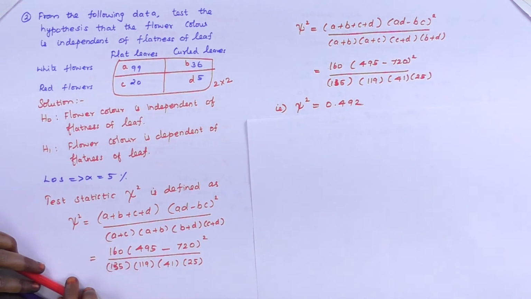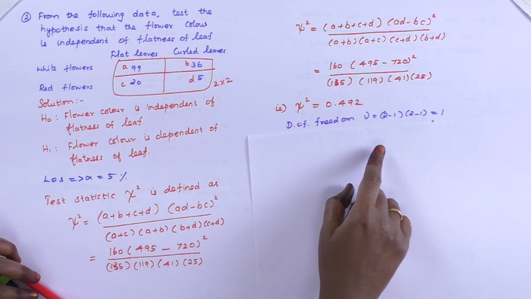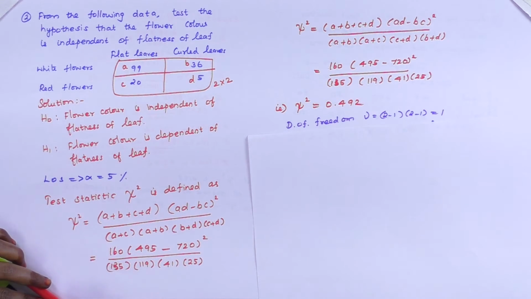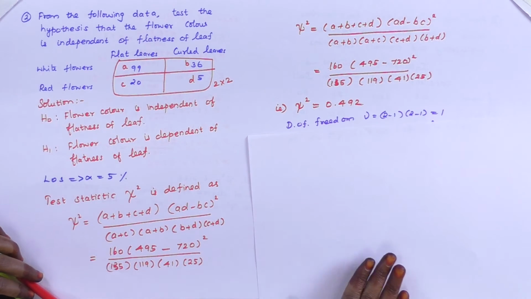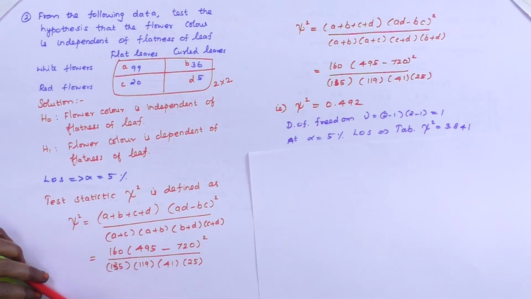Next, we want to calculate the degrees of freedom. Here a 2 by 2 contingency table is given, that is (2 minus 1) into (2 minus 1). Our degrees of freedom is 1. Next, for degrees of freedom 1 at 5% level, the corresponding chi-square table value is 3.841.